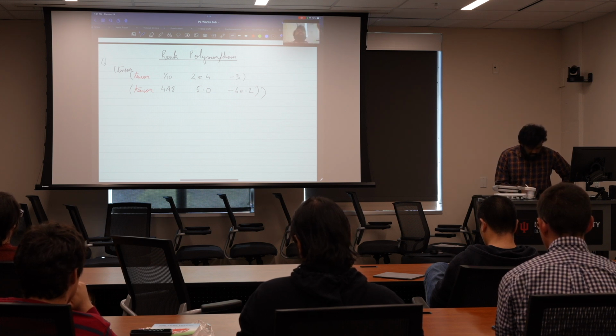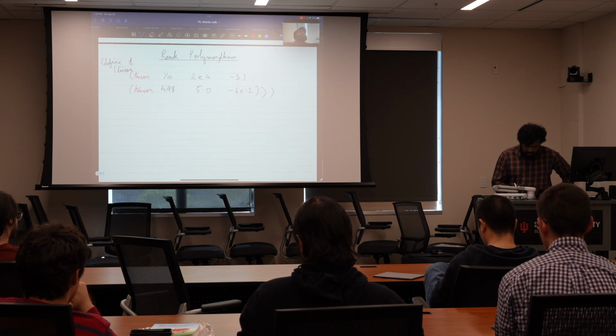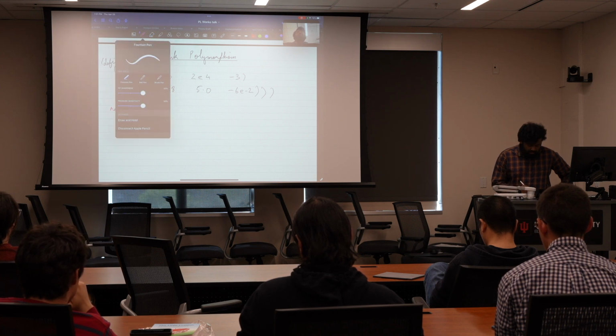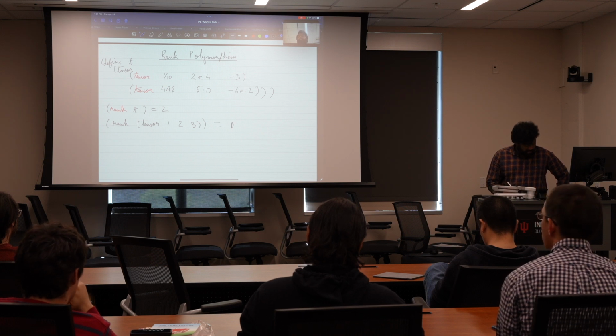So let's call this tensor T. Right, and we have a function called rank that shows us how deeply nested a tensor is. So rank of T is 2. Similarly, rank of a singly nested tensor, a tensor with no nesting, is 1.